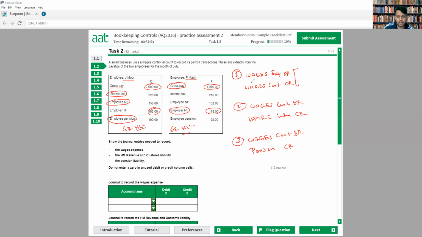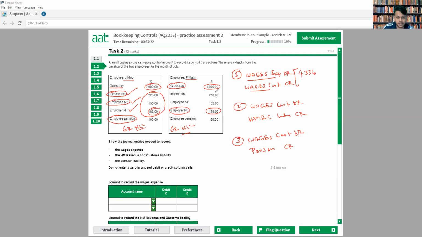And the journal you already know, wages expense debit and wages control credit 4336. The next one we have is wages control and the HMRC. In the HMRC, you only pay tax and national insurance. So you have tax and we have employee national insurance and employer, all three. So we'll take all these three. Because for the HMRC, we pay 2 national insurance and 1 tax.